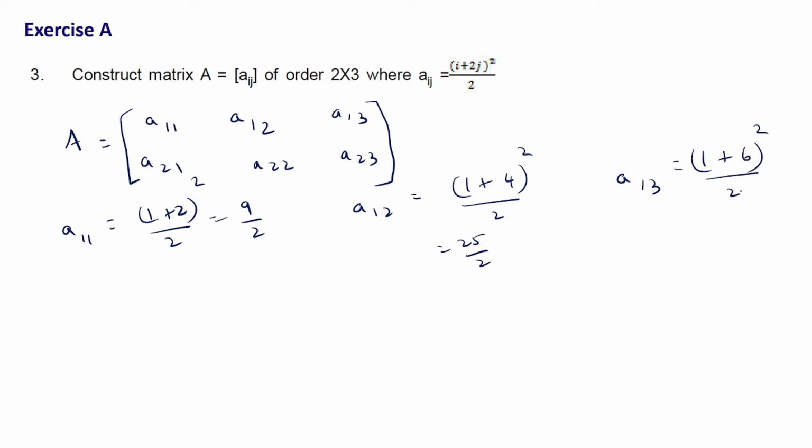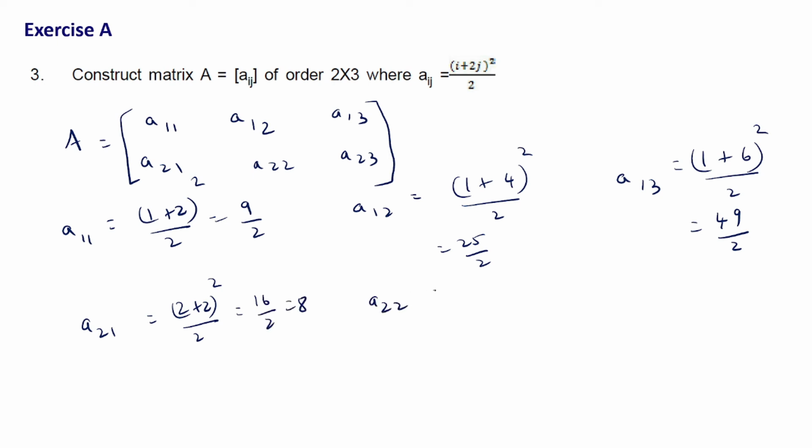So it is 49 by 2. Then we have A21. Here we have to substitute i and j. So here i is 2, j is 1. So it is 2 plus 2 the whole square by 2. So this is 16 by 2, which is 8.